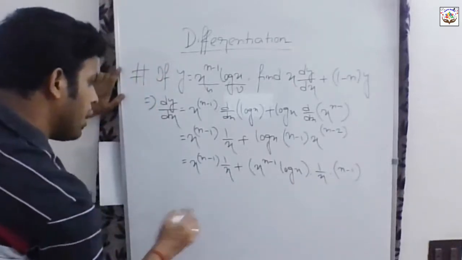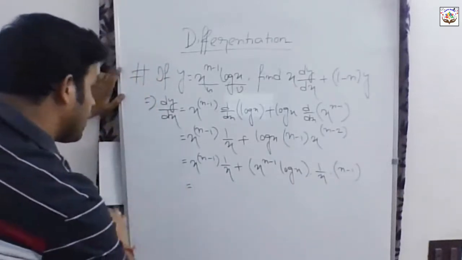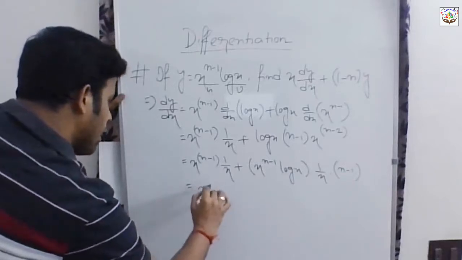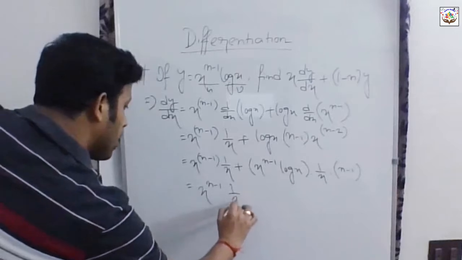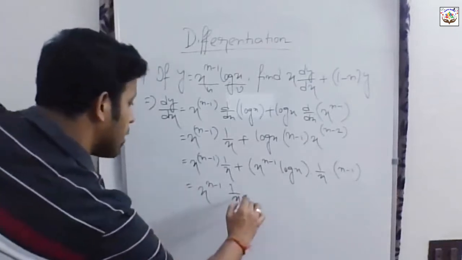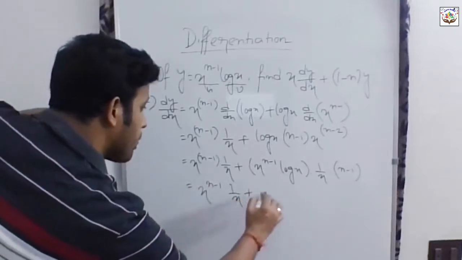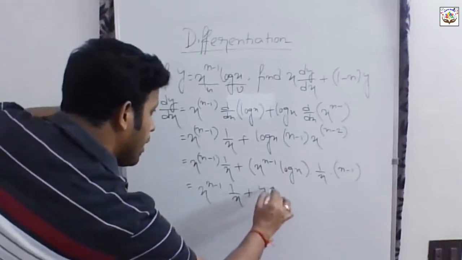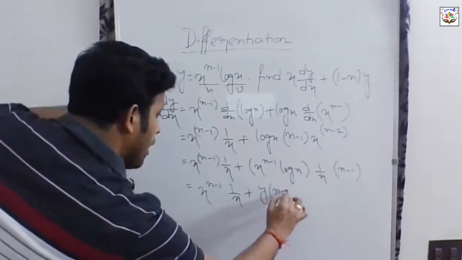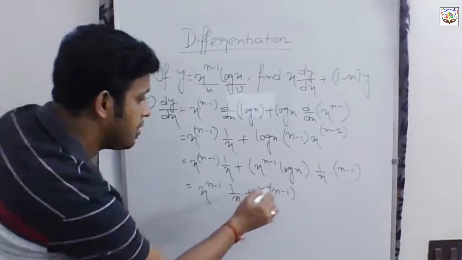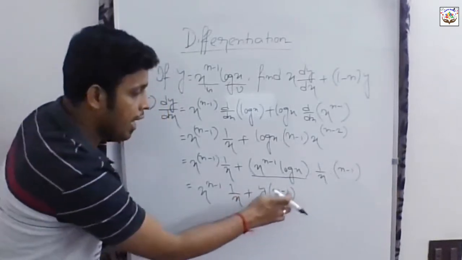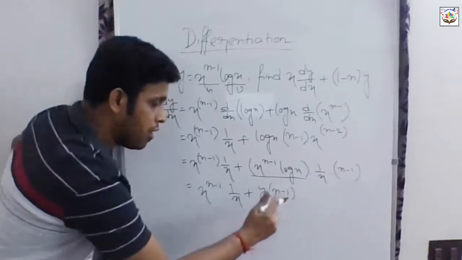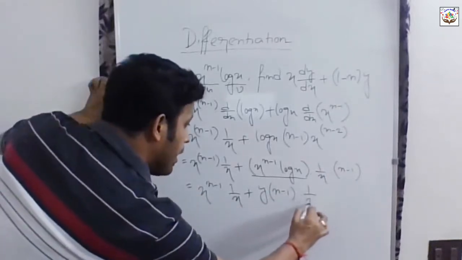So from here, can we write x to the power n minus 1 into 1 by x plus y into n minus 1, as it is y. That is why I have replaced y here, and I have written n minus 1 here and 1 by x here.